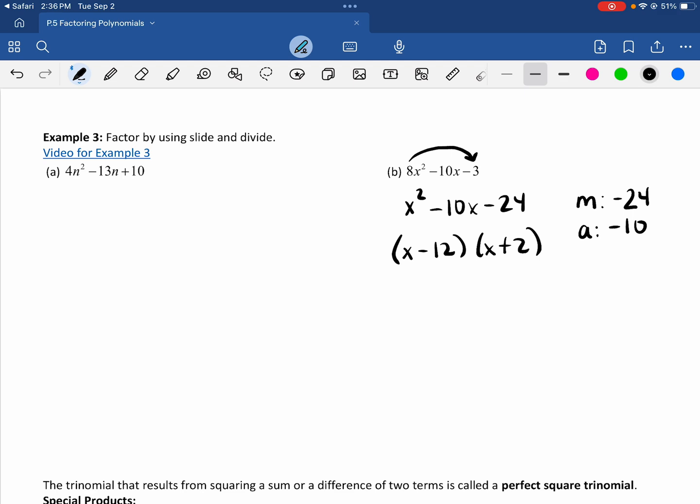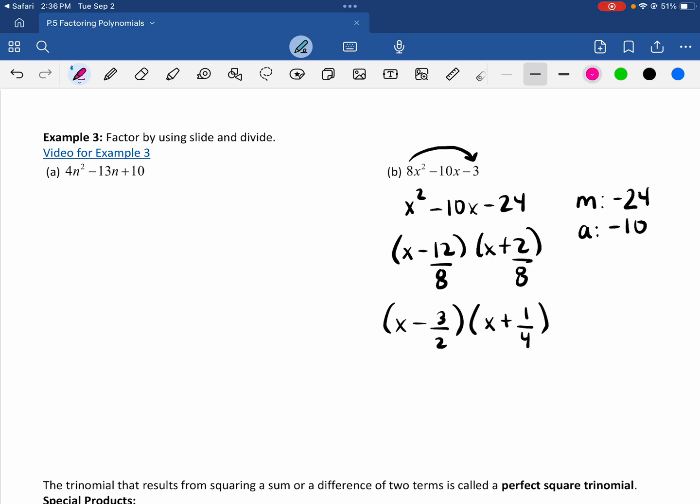Then the divide part comes in, that I will now take each of those factors and I will divide it by that leading coefficient, which in this case was an 8. 12 does not divide by 8 evenly, but it can be reduced. Both are divisible by 4, so it reduces to 3/2. Same thing for 2 divided by 8: it does not divide evenly, but it reduces down to 1/4.